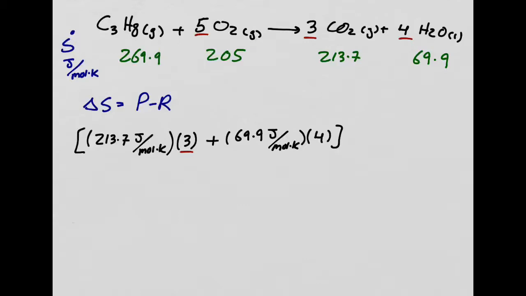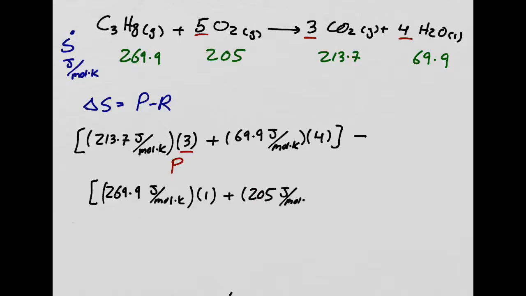So that is all my products. Products minus reactants: I go to my reactants, 269.9 joules per mole K, times 1 because I only have one propane, plus 205 joules per mole K, times 5 because that's the coefficient.